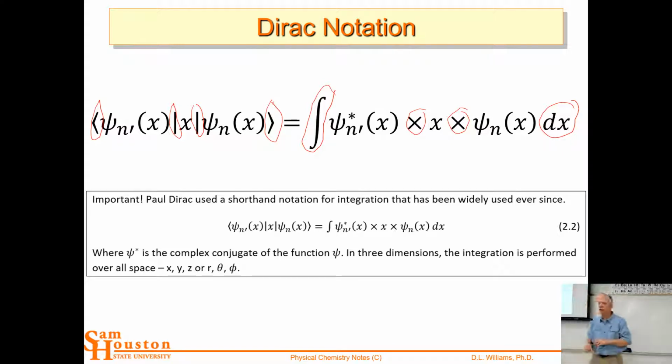Now, all space in our one-dimensional case is just dx. But if we were doing a hydrogen atom and we were in spherical polar coordinates, it would be r, theta, and phi. So the angle around from the x-axis and then the angle down from z. Like on the planet, r would be from the center of the planet out to the surface, and then latitude and longitude.